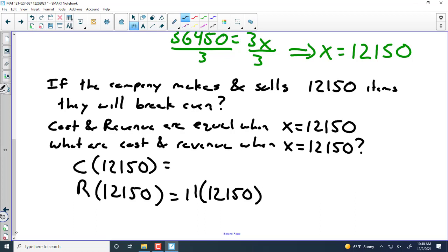So if you've got a calculator out, go ahead and try this. First, do 8 times 12,150 and then add 36,450 to it. And then do 11 times 12,150. This will tell us what the cost of making 12,150 items is and the revenue we'll generate from selling them. These should give us the exact same answer.